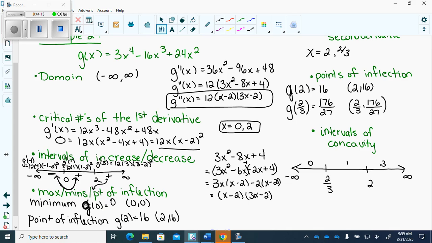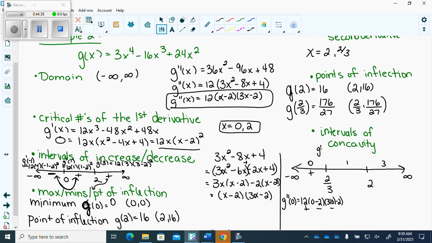I'll do it down here. I'll go g double prime of 0 equals 12 times (0 minus 2) times (3 times 0 minus 2). So it's going to be a positive, negative, negative, which makes it a positive.